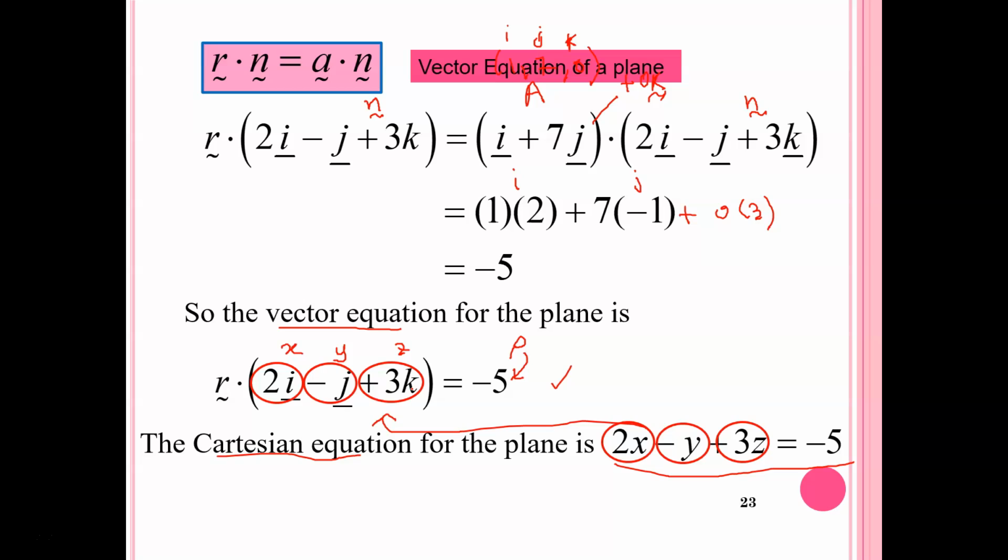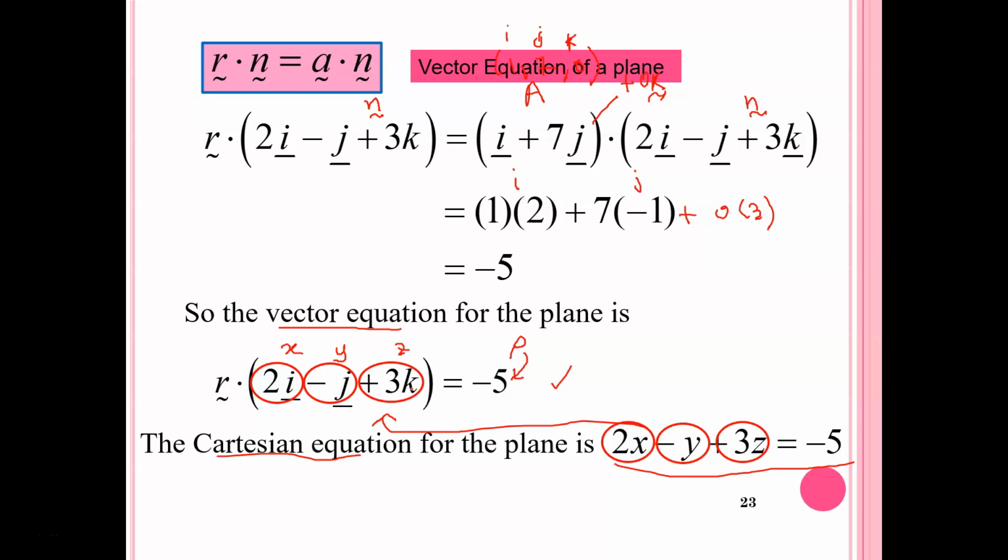The very basic one is the vector equation, r equal to a plus tv. The second is parametric, where you equate the left and right side, the coefficients for i, j, and k.